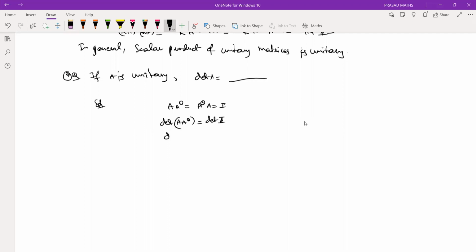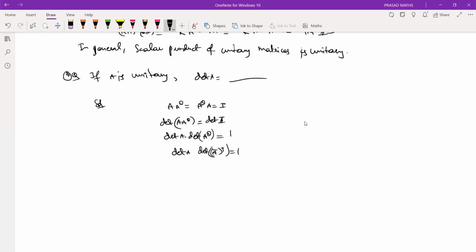So det of A A theta is nothing but det of A into det of A theta, and det of I is equal to 1. What is the definition of A theta? A bar whole transpose.